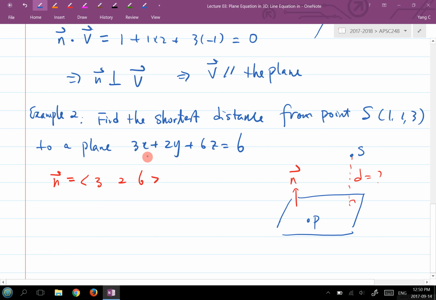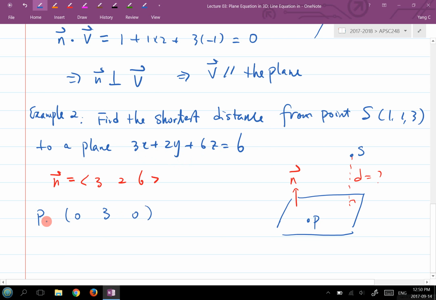In my case, I can set x and z to be 0, then solve for y. So 0, 0 for x and z, solve for y, so y equals 3. So here's a point on the plane. And if you found a different point, that's absolutely okay.